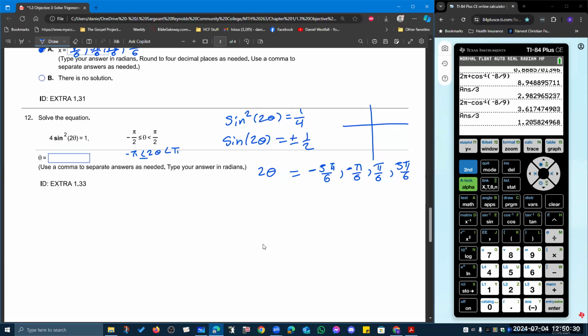And so theta is going to be -5 pi over 12, -pi over 12, pi over 12, and 5 pi over 12.